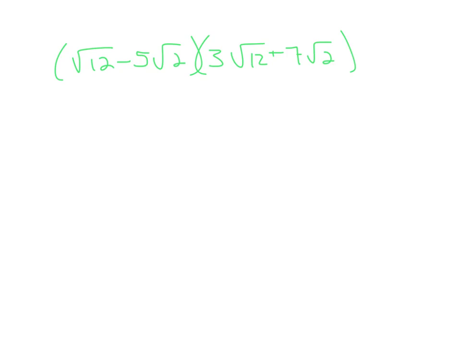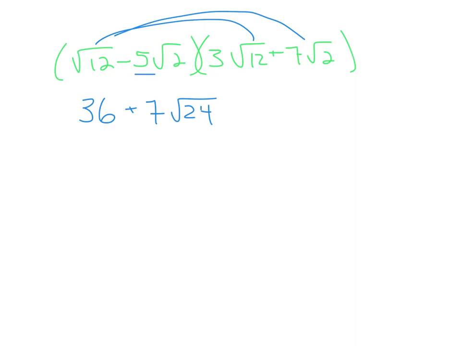All right, so hopefully you did 12 times 3 root 12. Well, root 12 times root 12 is 12, and 12 times 3, of course, is 36. And then root 12 times 7 root 2 is going to be positive 7 root 24.